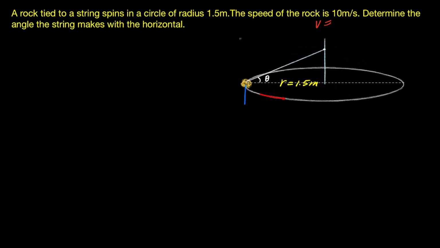First, we have gravity, Fg, which is the weight of the rock acting straight down. And second, we have the tension force, Ft, which acts along the string. Now, because the tension force Ft is not purely horizontal or vertical, we need to decompose it into its horizontal and vertical components.